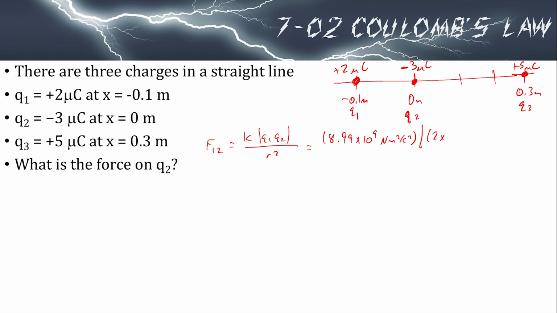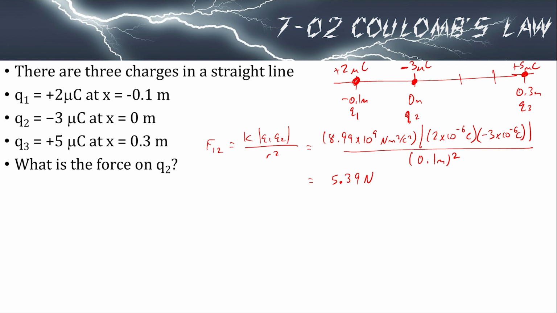Q1 is 2 micro, so that's times 10 to the negative 6 coulombs. Q2 is negative 3 times 10 to the negative 6 coulombs. And the distance between them is 0.1 meters. Run that through the calculator and we get 5.39 newtons.